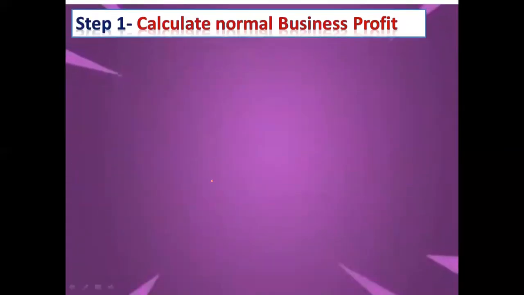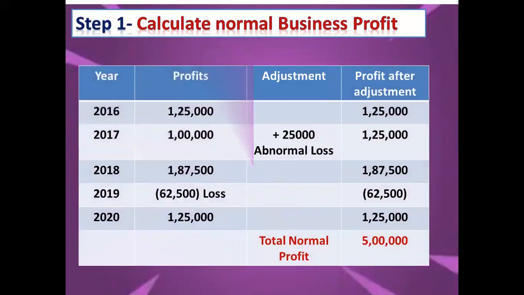Now see this table. So we'll prepare this table to find out, because our first step is to find out normal business profit. So what we will do, we will write all the years, then profit which is given to us in the table, we have written as it is by taking it. Now here we will be writing the adjustment. Now this part is us, right?